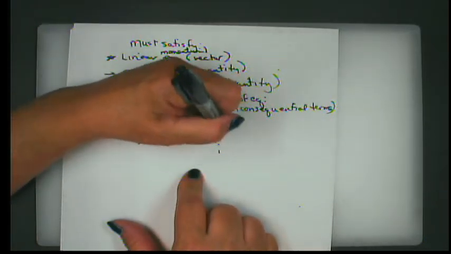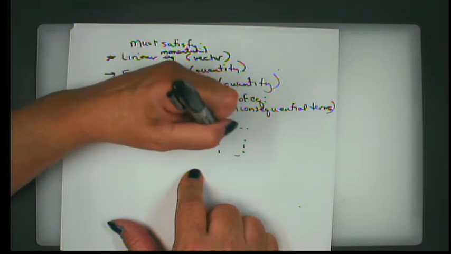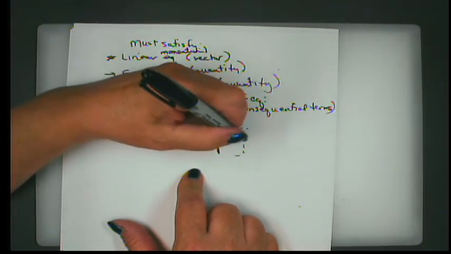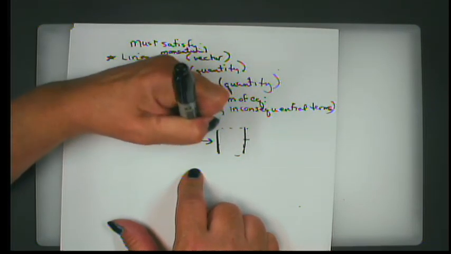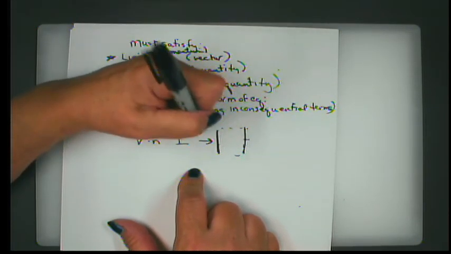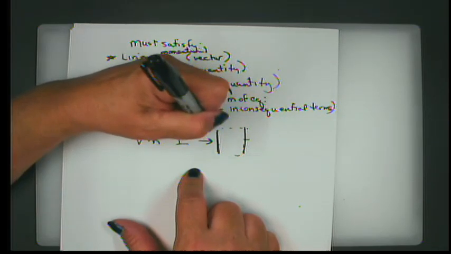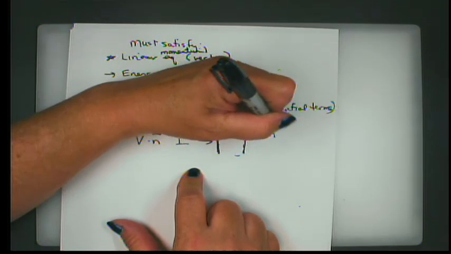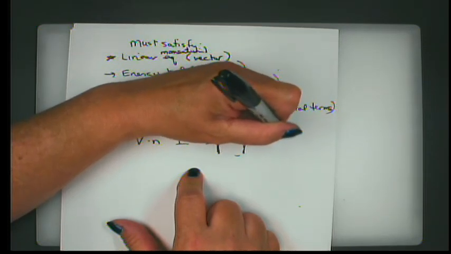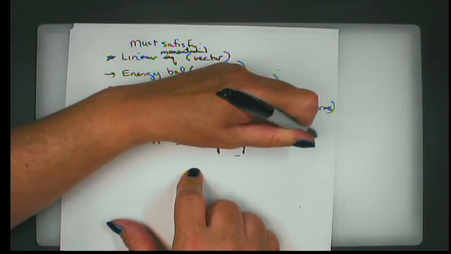But what happens when we have linear momentum is if this is our input, our inlet, and this is our output, our V looks like this, and the V dot n over here is negative. The V dot n over here is positive, right?